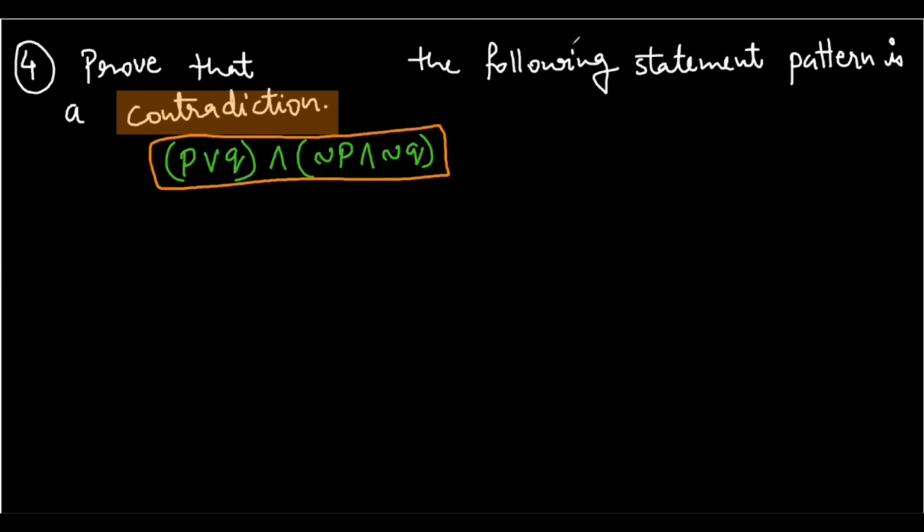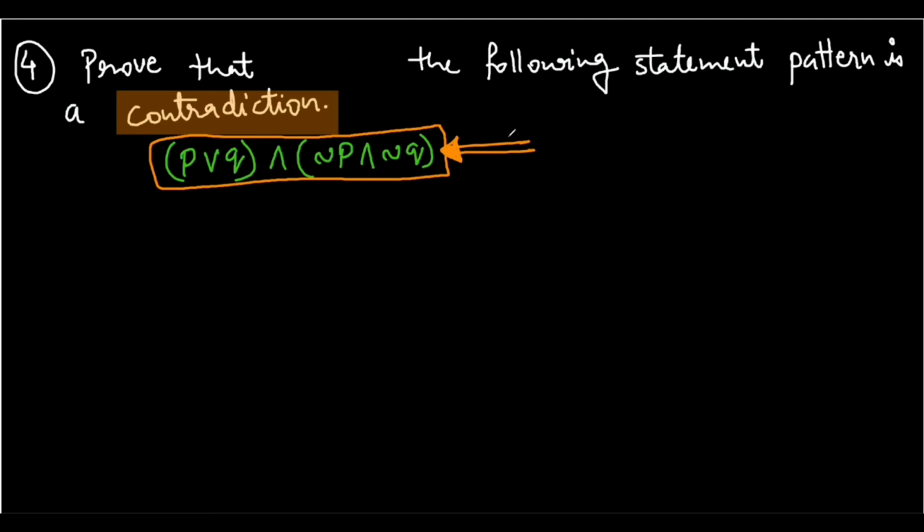As we have already learned the definition of contradiction, this statement pattern will be a contradiction when its truth value will always be false. It will always be false irrespective of the truth values of its component statements.